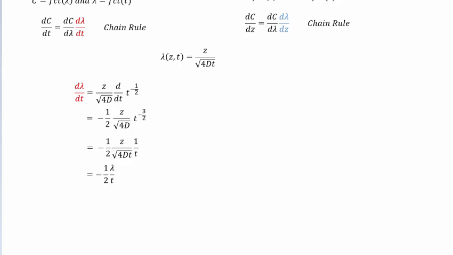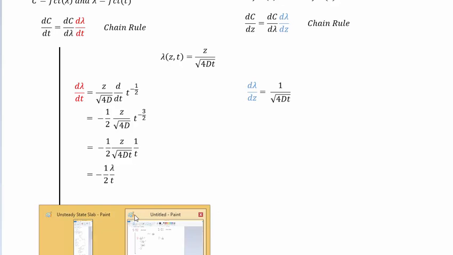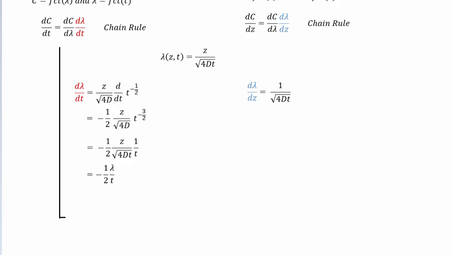Similarly, on the other side, it's actually super easy, because again, when you're taking the partial derivative with respect to z, t is going to be constant, so it's pretty much going to be z times the constant, and the derivative of z is going to be 1. So that side will be super easy to take care of. Now, looking back at these chain rule definitions we have, we're going to substitute these new expressions that we found back into our chain rules.